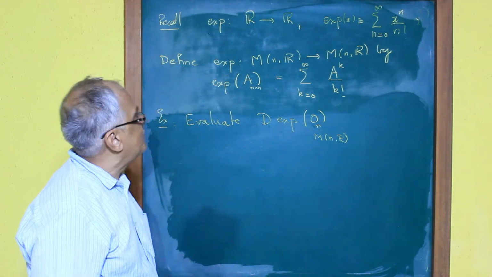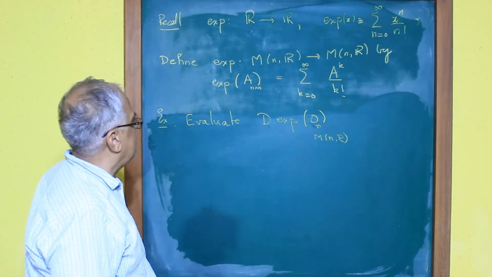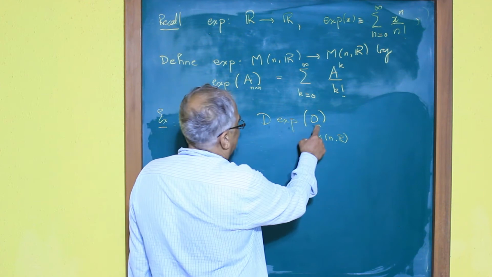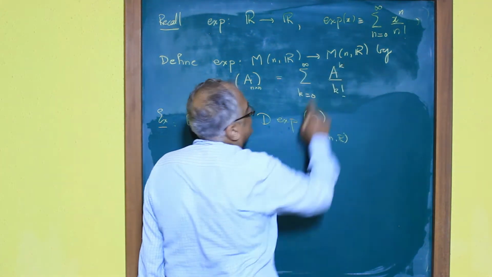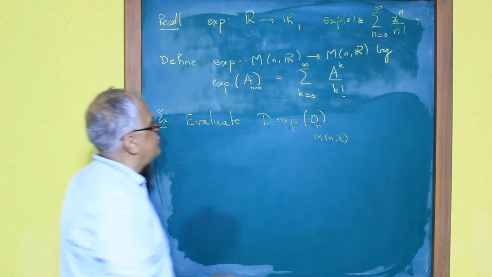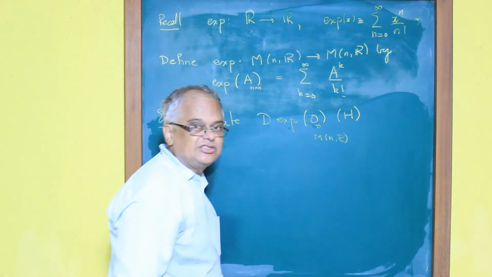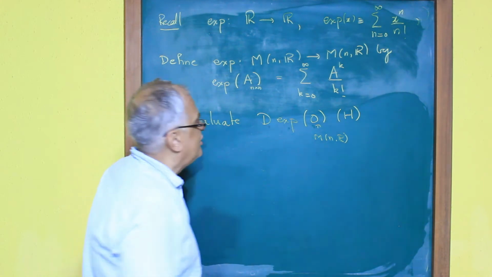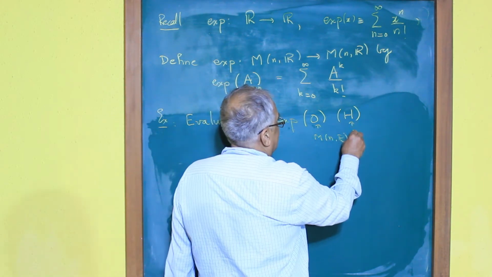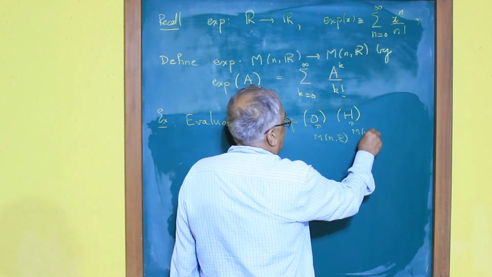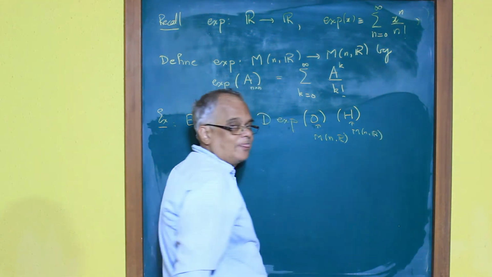What should this be? Remember, the derivative of a function at a point is a linear map from here to here. So I should be able to tell you what it does to a point h. What is h? h is an n by n matrix. So this also is in M_n(R).